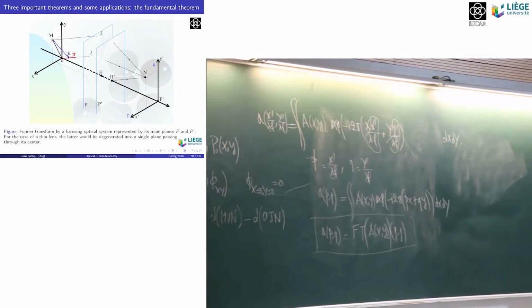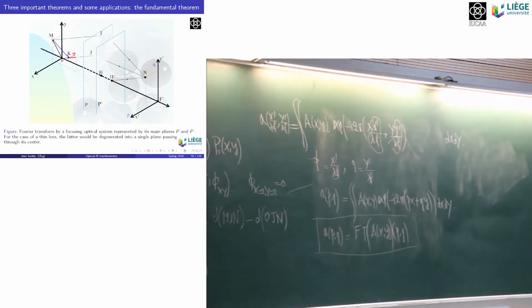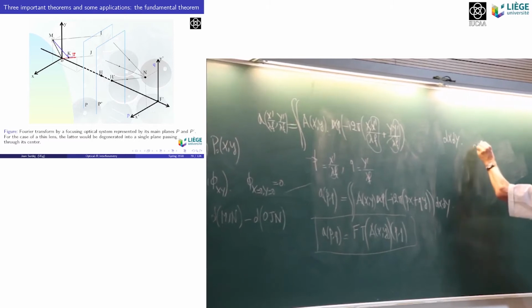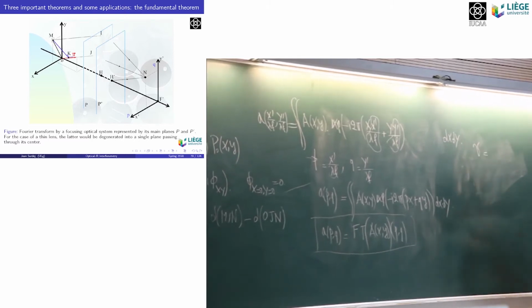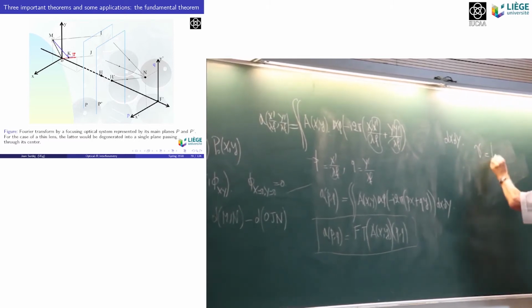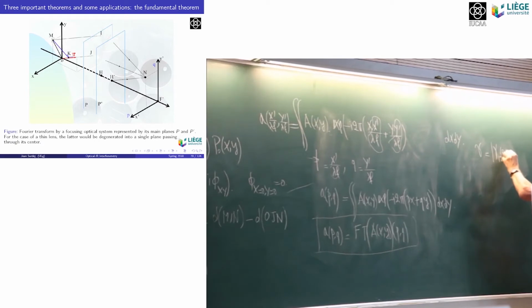So I remind you that the other important theorem that we established was the following one: the visibility of the fringes, so it's something different, is equal to the module of the complex degree of mutual coherence, so it was gamma 0 UV.